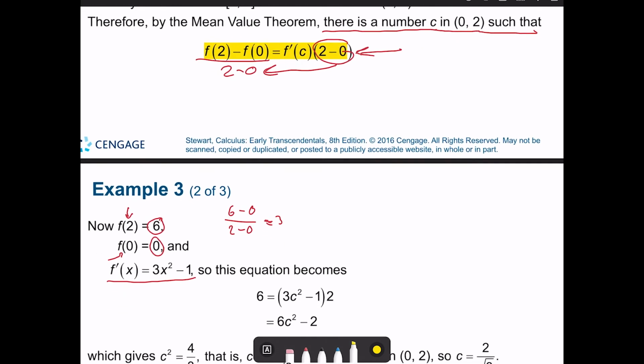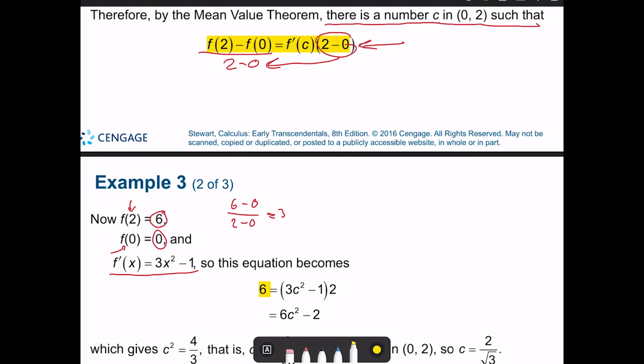So down here, the left-hand side of the equation says 6. And the first derivative on the upper slide, f prime of c, is 3c squared minus 1. We don't know what c is yet, but we're looking for a specific value, so that's why we've put c in there instead of an x. And then the 2 minus 0, obviously, is where this 2 is coming from.